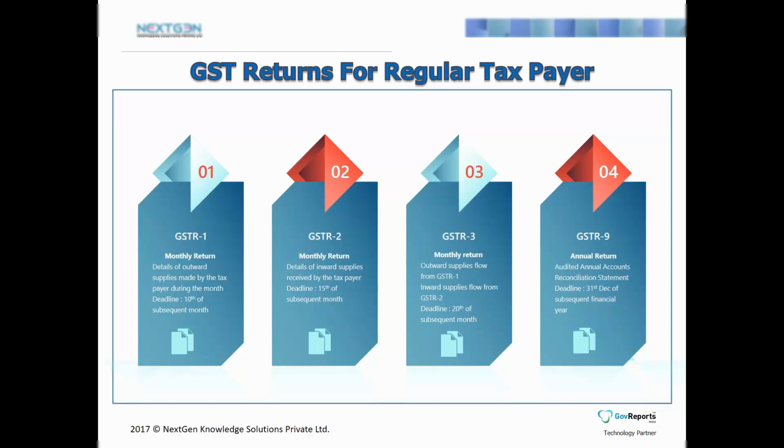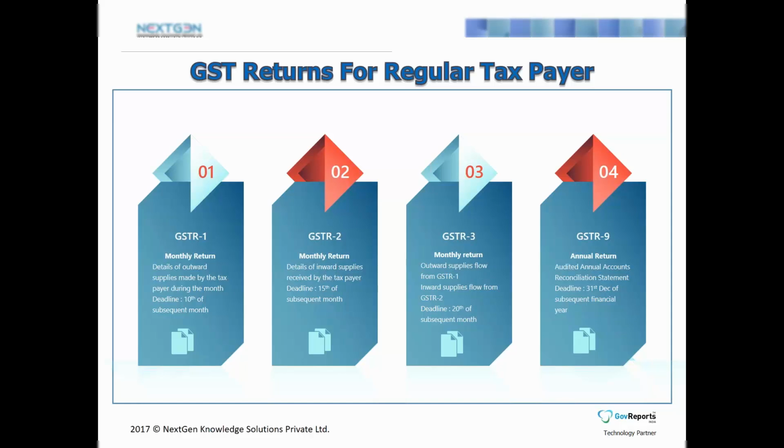Then GSTR 2 is the details of inward supplies which the taxpayer has received. For this he needs to submit to the GST portal by 15th of the subsequent month. GSTR 3 is the monthly return which will have data of GSTR 1 and GSTR 2. This will be auto-populated from GSTR 1 and GSTR 2.